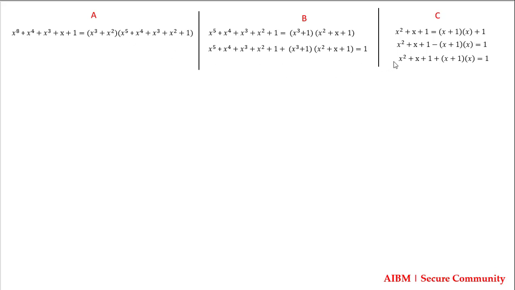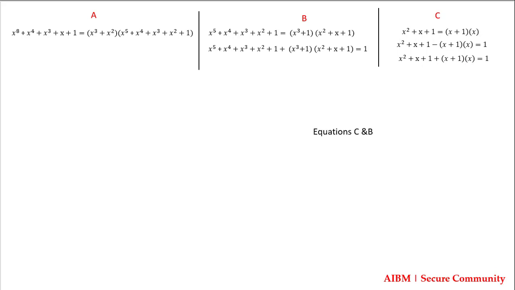And because we don't have minus in binary, we will convert this minus to plus, because in binary we have only 0 and 1. So the result will be like this: x^2 + x + 1 plus (x + 1) multiplied by x.